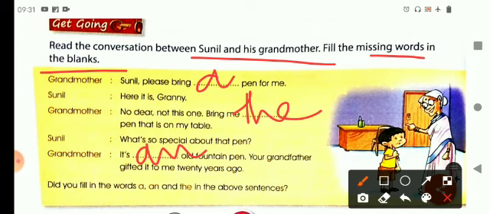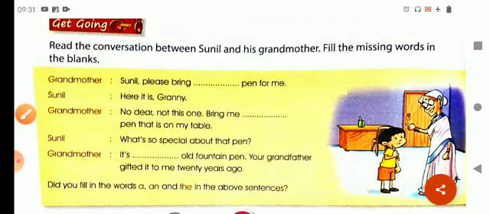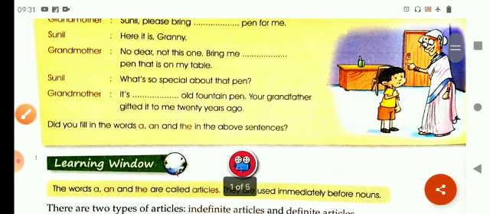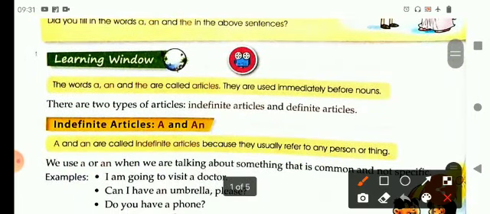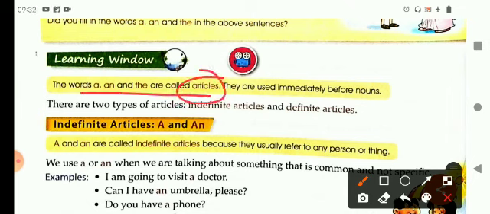Children, did you fill in the words a, an, and the in the above sentences? Yes, just now we have completed this fill in the blanks with the help of a, an, and the. The words a, an, and the are called articles, and they are used immediately before nouns.